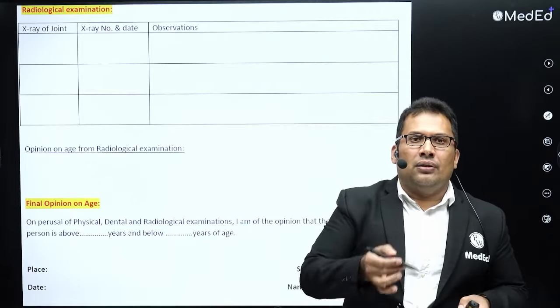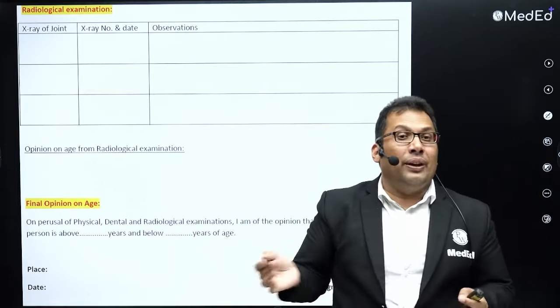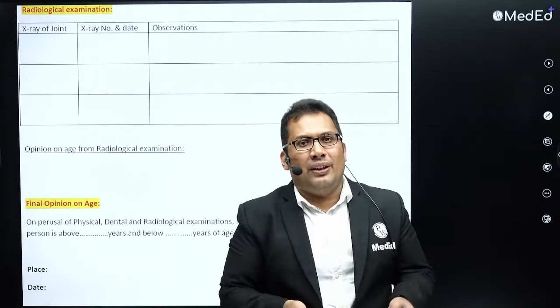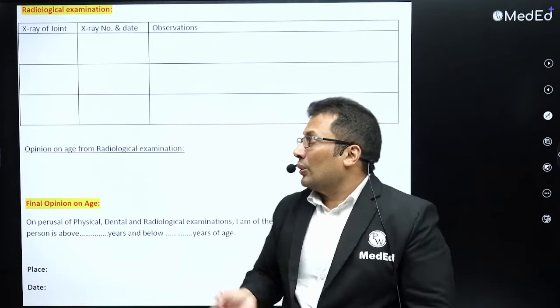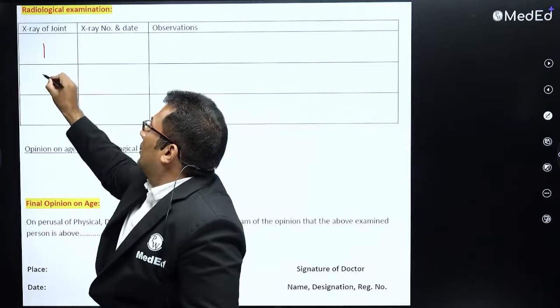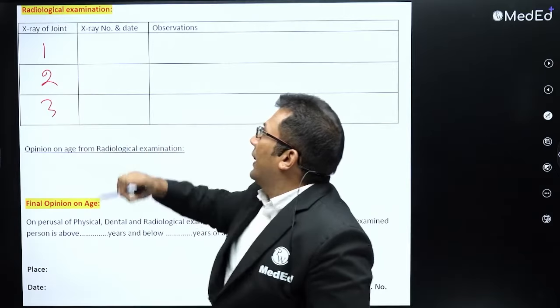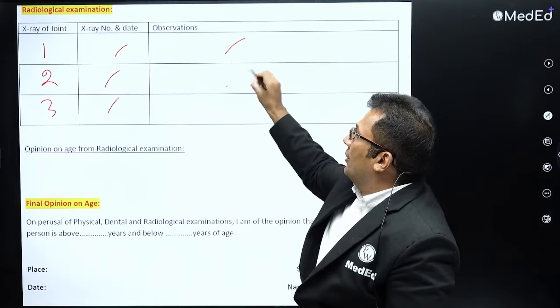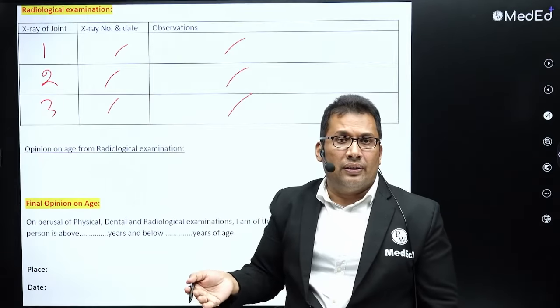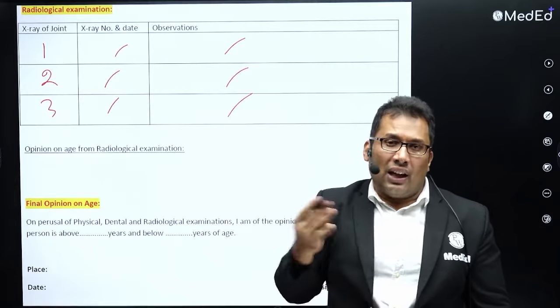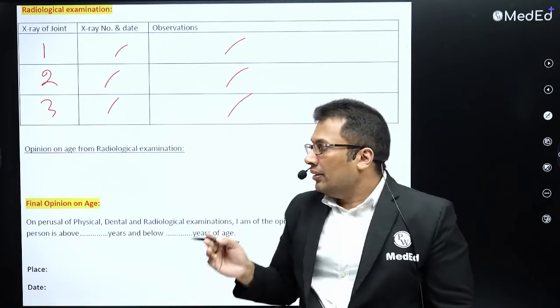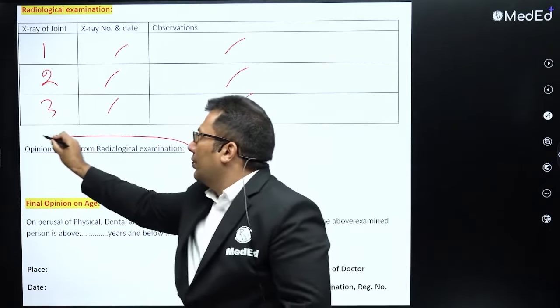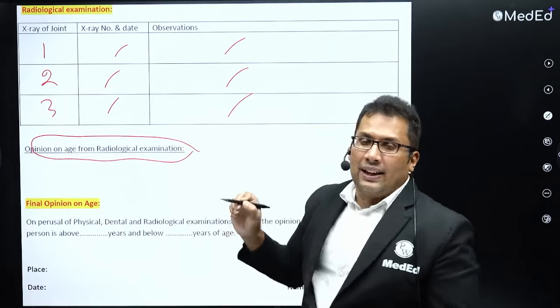Like scaphoid appeared or lower end of radius appeared, not fused, like that. X-ray number and X-ray date we can mention. Then observation, appeared or not appeared, fused, not fused. Then you can give final opinion from radiological examination.